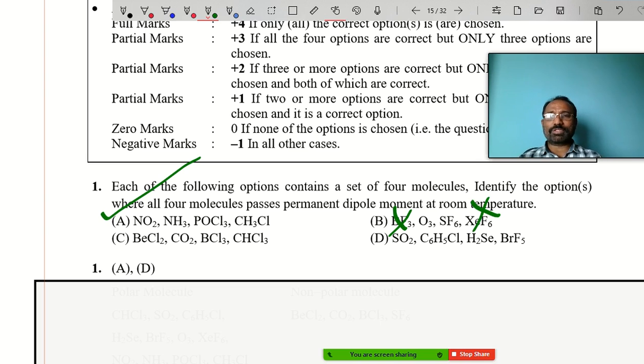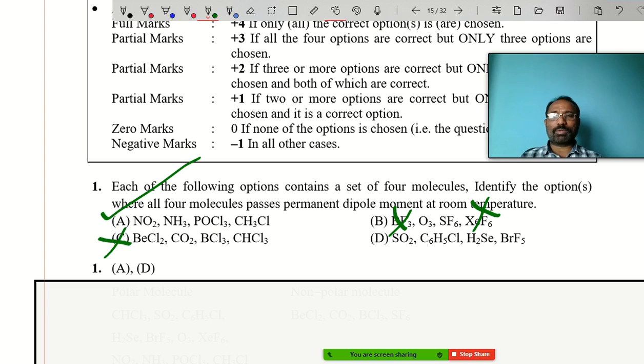In the next option, BeCl2 is a symmetric structure, CO2 is a symmetric structure, BCl3 is a symmetric structure. The first 3 compounds do not show the dipole moment, but the last one shows it. But the question asks for a set where all molecules show the dipole moment. Therefore, it is also a wrong statement.